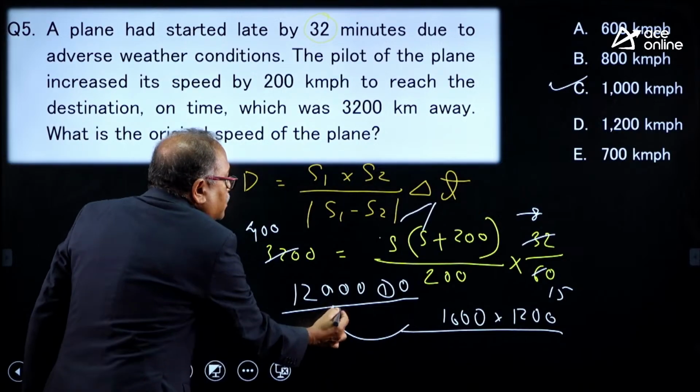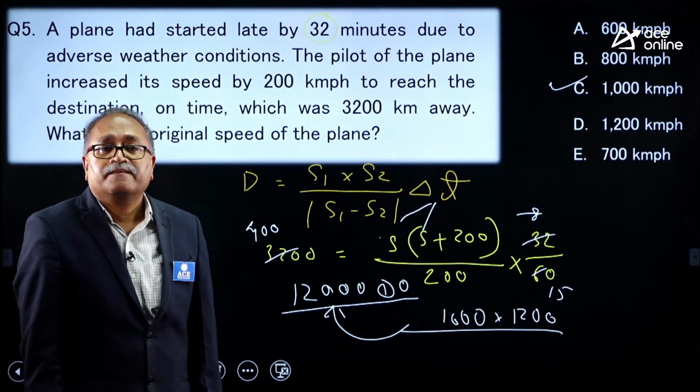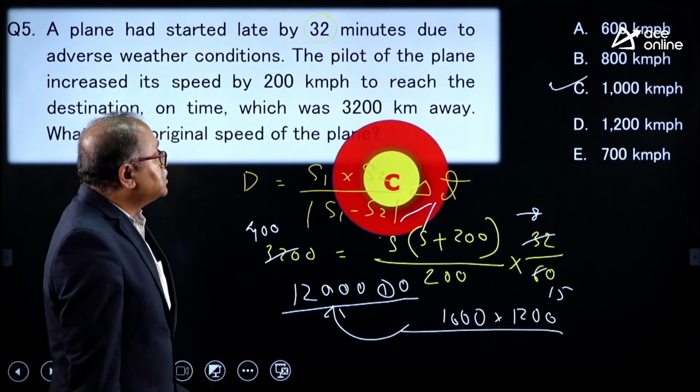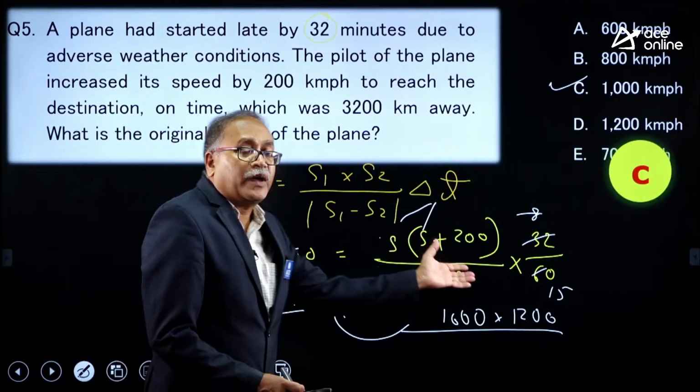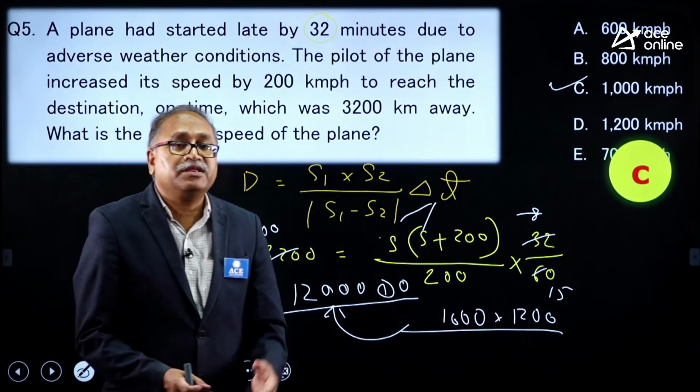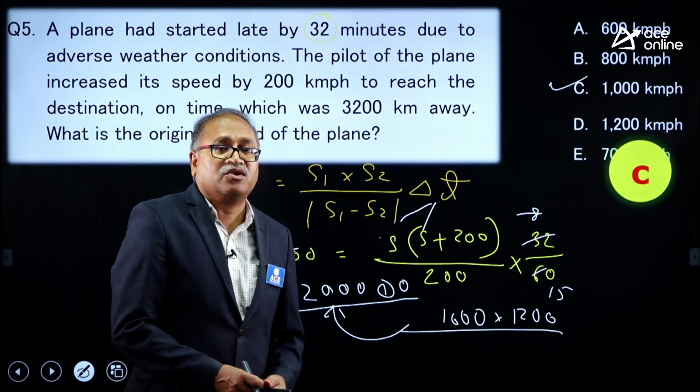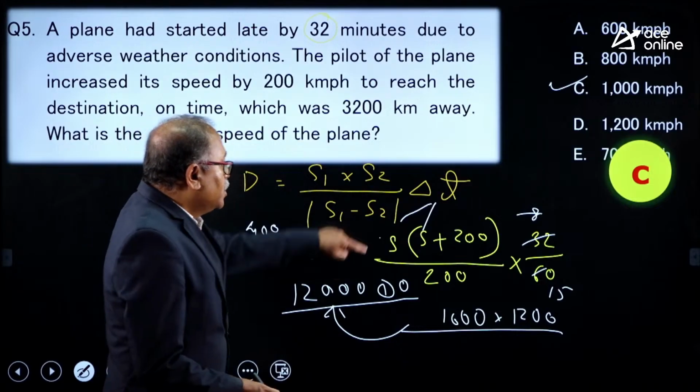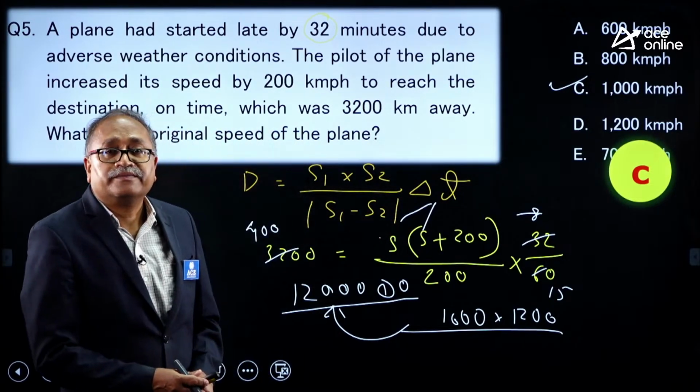You are getting the same value here. Yes my dear friends, so this is how we stop expanding it, or else you will get a quadratic equation which again complicates the solution. So, here you replace that.